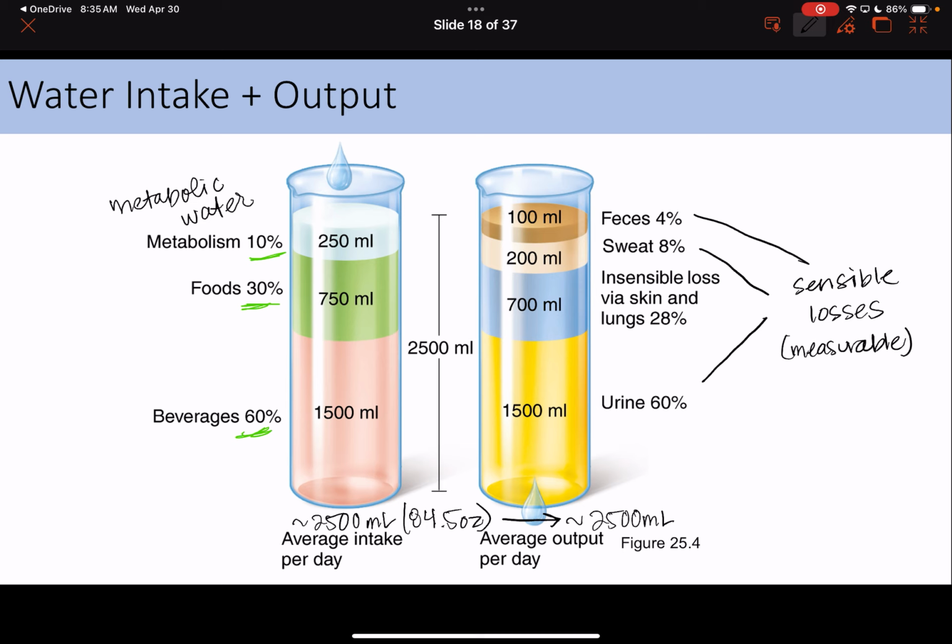We can measure the amount of sweat. It's a little bit harder, but you still can measure sweat. Feces is measurable as well. Insensible loss are those things that you can't measure. So the water that evaporates from your skin when you're hot, we can't measure that. The water that escapes from your lungs when you breathe out, we cannot measure that. And so it's considered an insensible loss, but it does account for about 28% of the water that we lose.